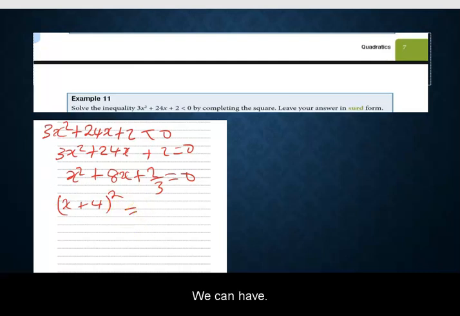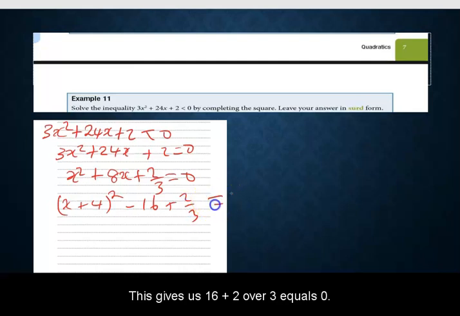We can have the value negative 46. Now we have 8. This gives us 16 plus 2 over 3 equals 0.